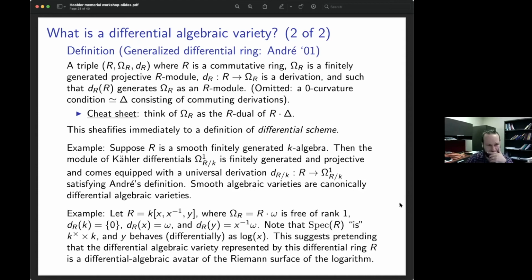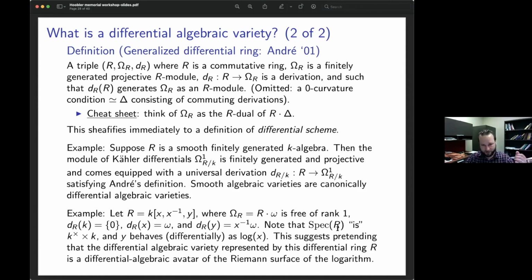Here's another funny example. Here's my ring R, K adjoin X and X inverse. That's a coordinate ring on the punctured affine line over K, like the punctured complex plane that we talked about before. And here I've defined an exotic differential structure on that ring following this definition. I just built it by hand. Never mind how it's defined.